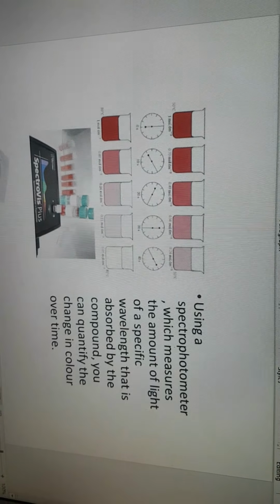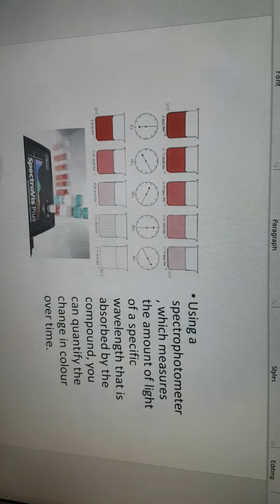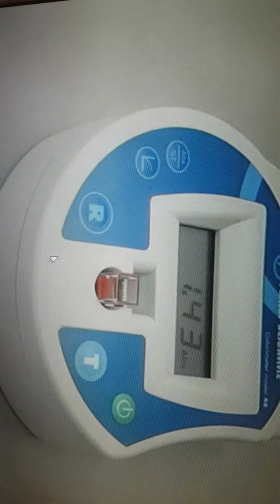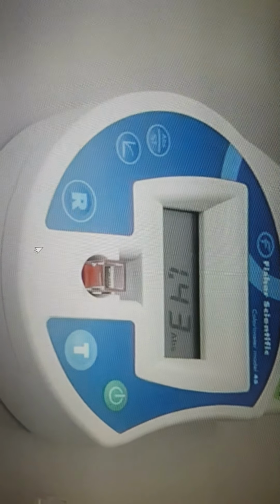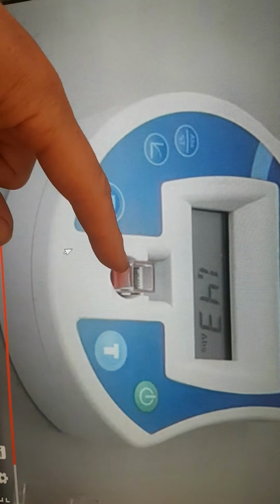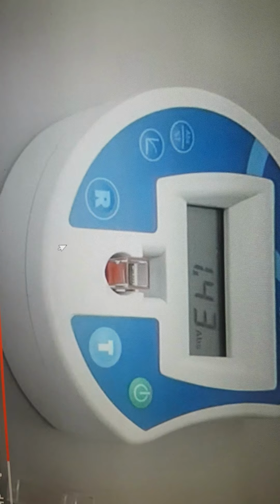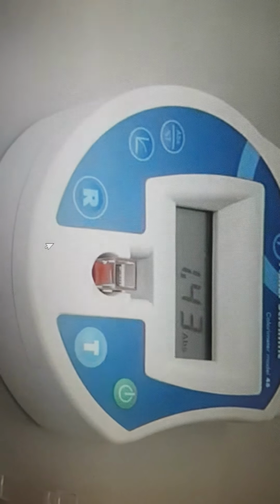You need a special instrument to monitor that called a colorimeter. Colorimeter looks like this. You could put your red solution there in something called a cuvette, and you could measure the absorbance of light. The darker the solution, the more light is absorbed by it. So you could monitor the reaction by recording the absorbance at different points in time.